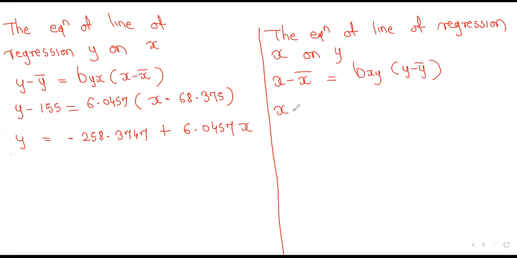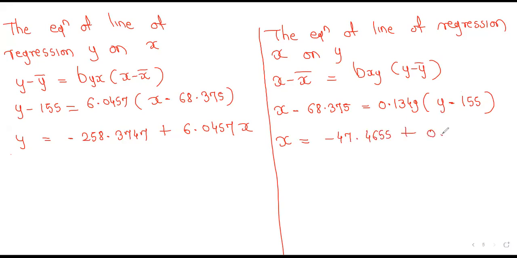So x minus 68.375 is equal to bxy, which is 0.1349, into y minus y bar, which is 155. After simplifying this, we get x is equal to minus 47.4655 plus 0.1349 y. Okay, so we get these two equations of line of regression.